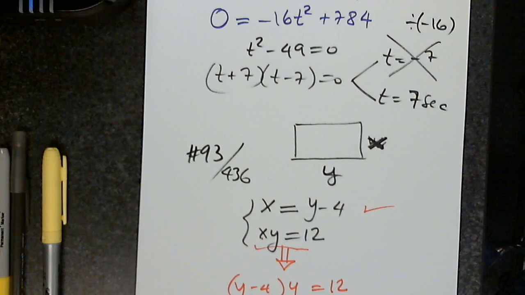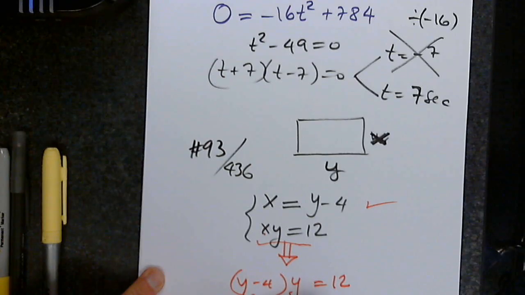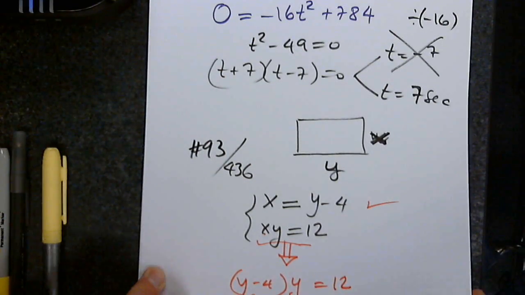Now the new equation is y squared minus 4y, indeed. And then minus 12 equals 0.